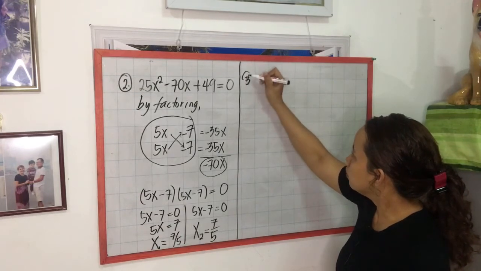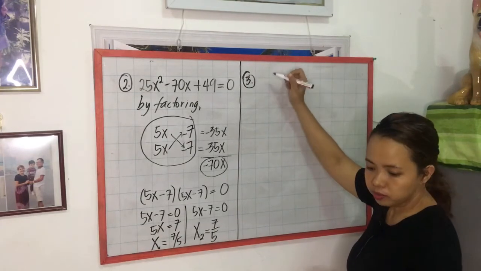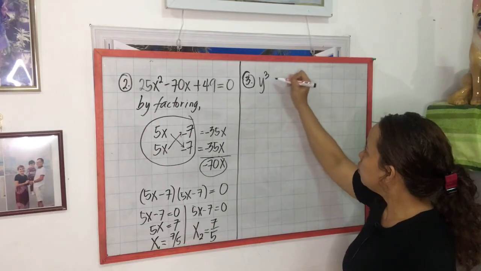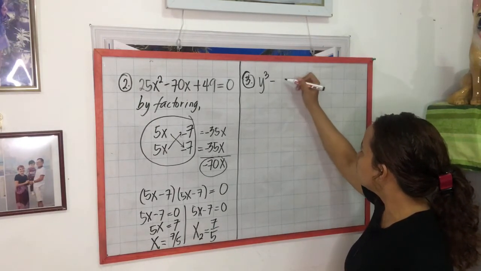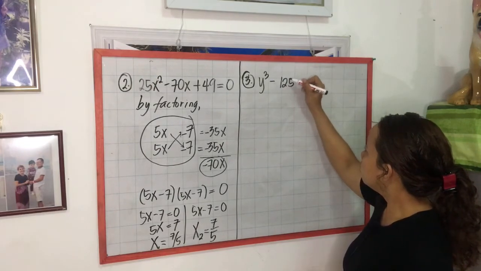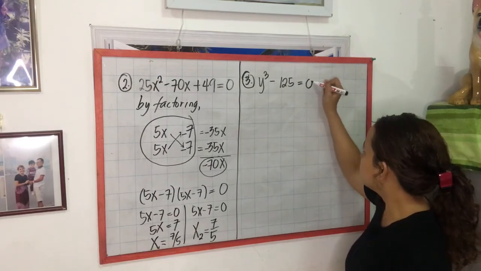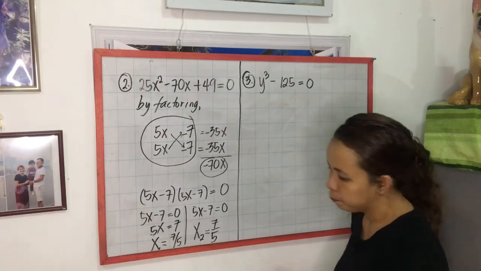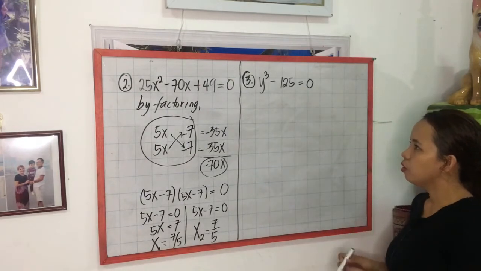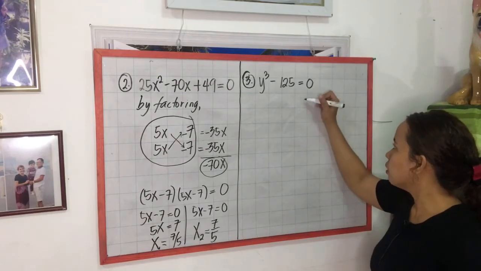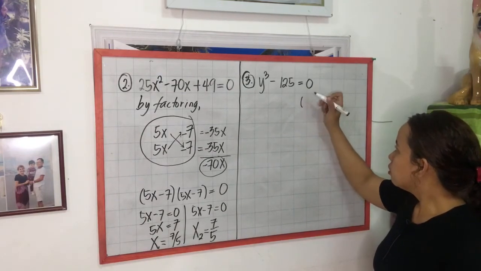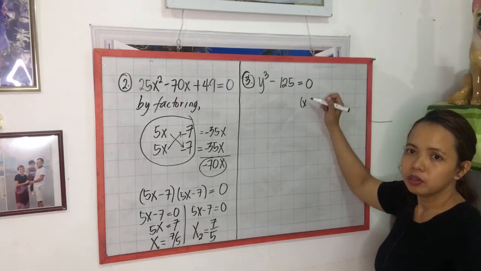Third example. Okay, the third example goes like y cubed minus 125 is equal to 0. Okay, so this one, we can also use the formula we learned in the first example. Okay, the sum and difference of two cubes.